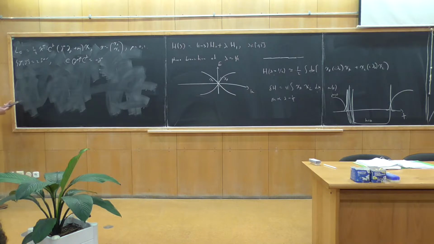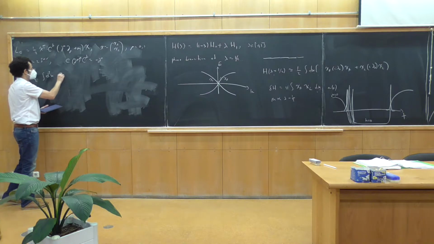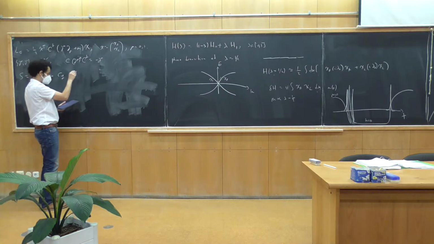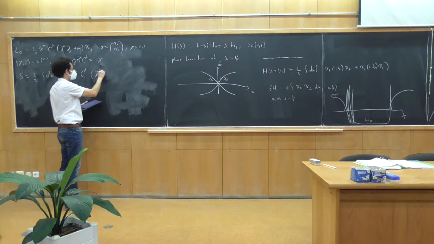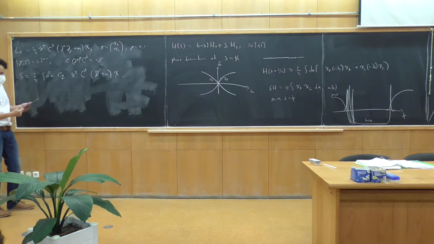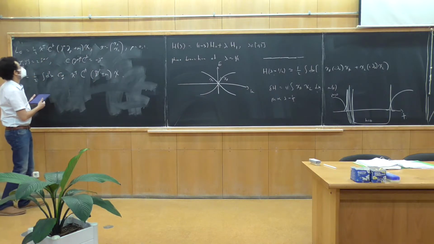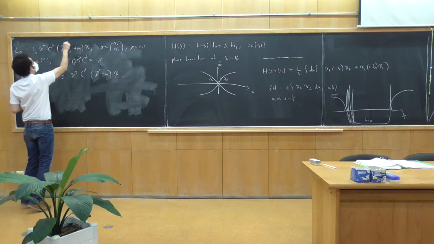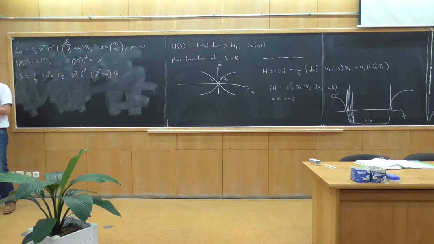And we will end up with an action which you write like this, the integral of d^2x sqrt(g) phi, where this D is the generalization of the Dirac operator to a curved manifold. Let me not write it out explicitly.